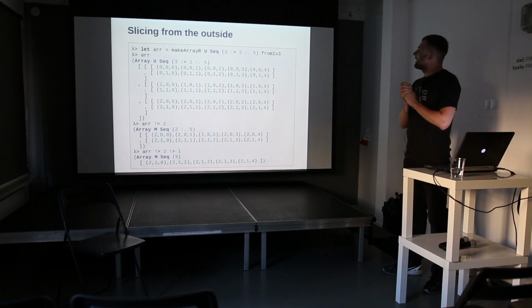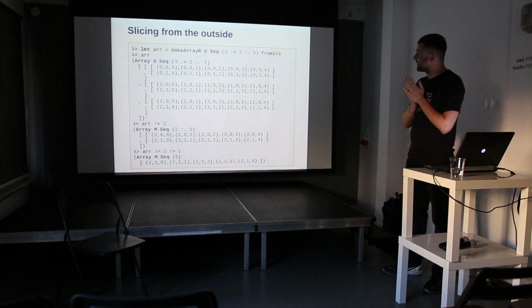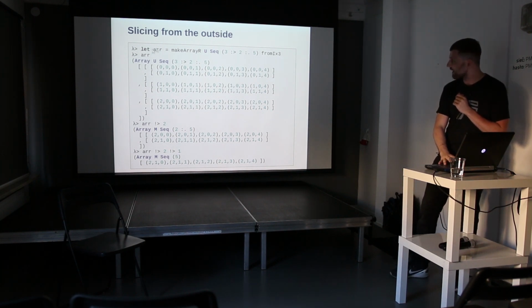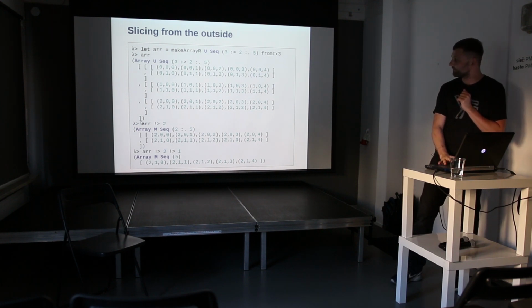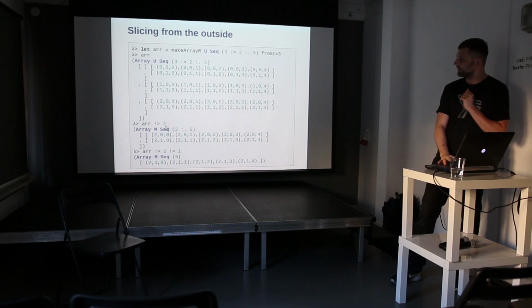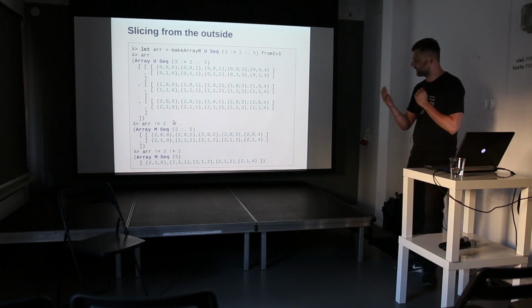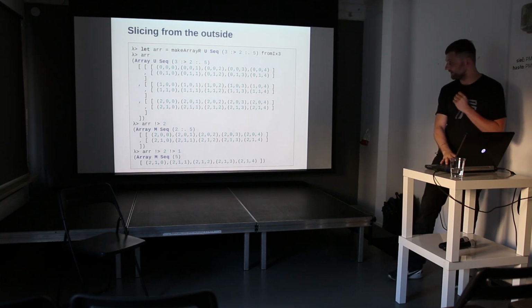So let's look at how that plays out. We create again our array, a three-dimensional array in this case. It's a 3 by 2 by 5 array. It's nicely printed. Now, if we want to take a slice out of it, let's say we want to take a page at the second index. It's technically the third page at the second index. We use this queued operator and we get this page.